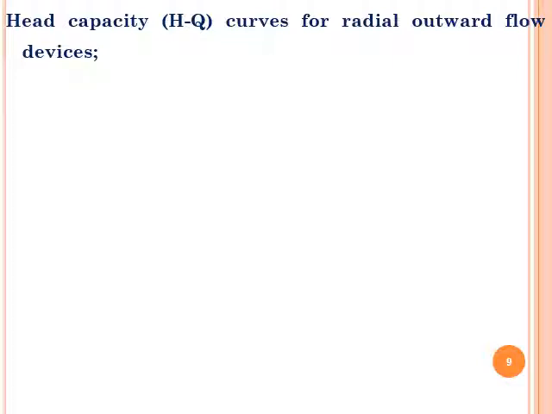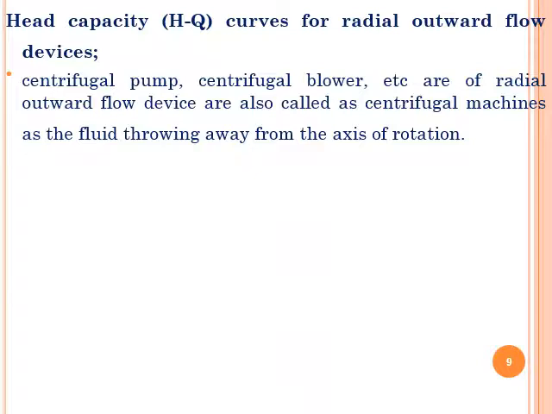Now coming to the next expression, that is the head capacity curve for radial outward flow devices. That is also called the HQ curve for radial outward flow devices. Centrifugal pump, centrifugal blower, etc. are radial outward flow devices, also called centrifugal machines, as the fluid is thrown away from the axis of rotation.